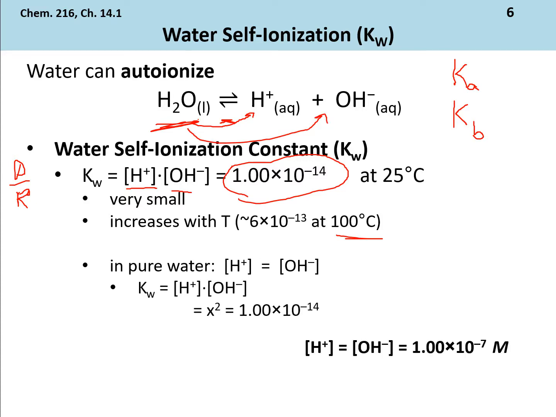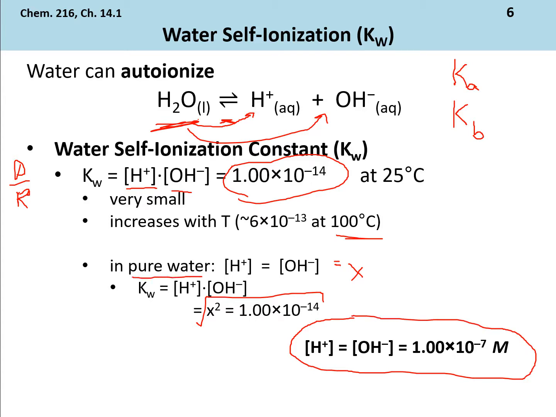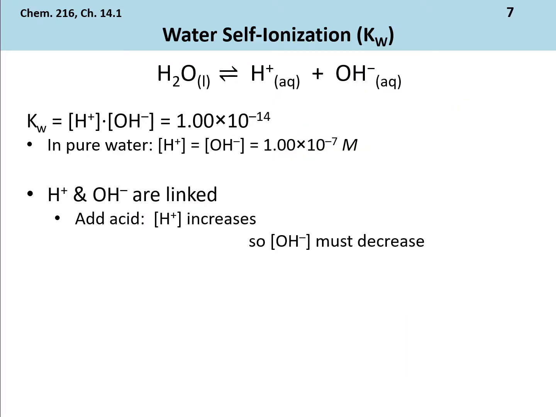So if I replace these with X, Kw equals X squared equals 1 times 10 to the negative 14. I could then take the square root of this, and I get that in pure water, that's the key, H plus and OH minus each equal 1 times 10 to the negative 7th molar. These are key points. We'll talk about them over and over again.